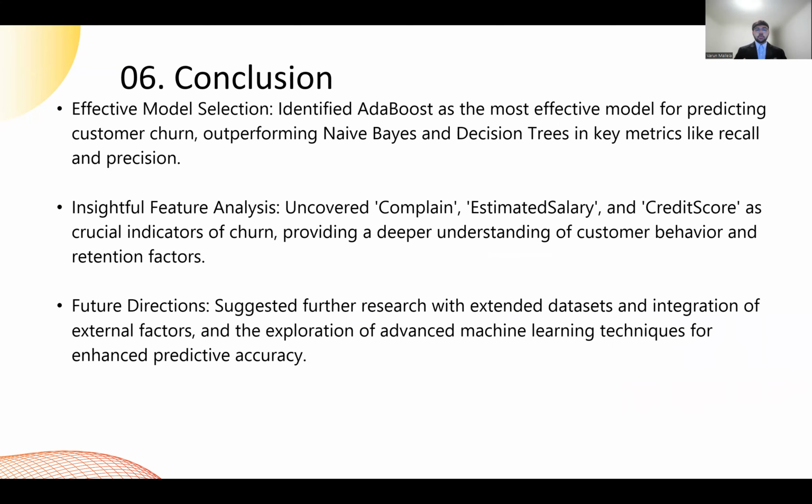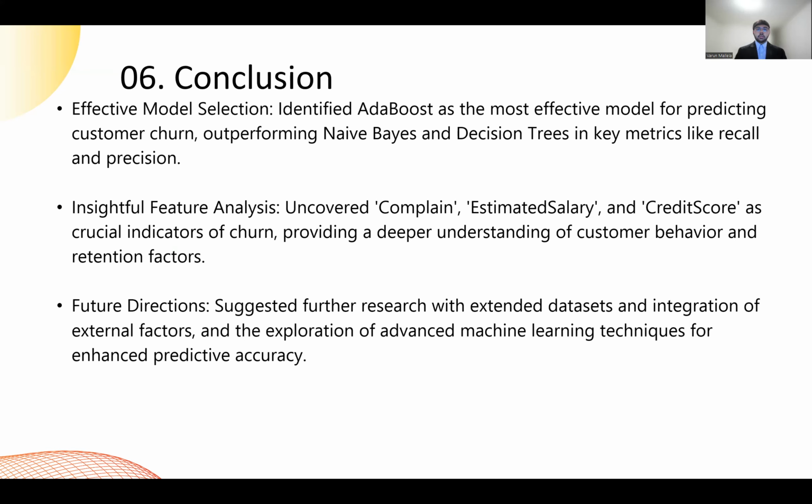Now, coming to the conclusion of my project, I'll be summarizing what I've done. As I've told you, I started off with the data set which has 10,000 points. Then I split it 7 to 3. Then I did oversampling using SMOTE. Then I performed three different models. I used three different machine learning models: Naive Bayes, decision trees, and AdaBoost.